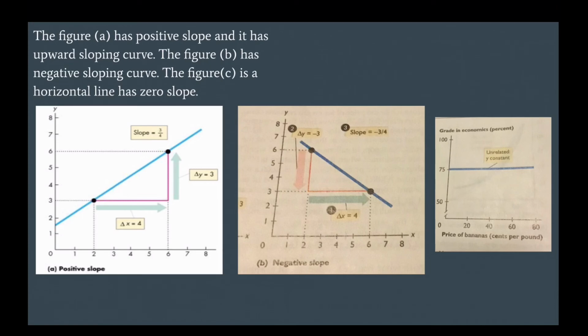In the first picture you see the positive slope, in which the graph has an upward sloping curve, whereas the second is a negative slope, in which the graph is downward sloping, or a negative sloping curve, and the third has a 0 slope in which it is horizontal.